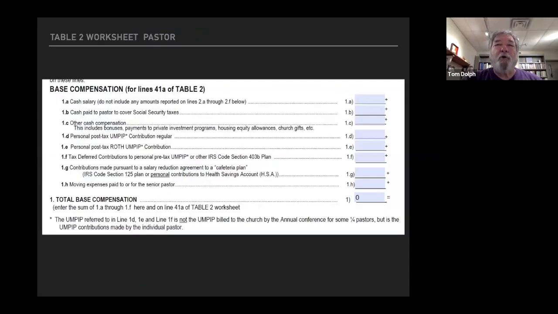If your pastor moved this year and you paid moving expenses for them, that does need to be included there, and it's an addition and has to be included in their compensation. That is both an IRS rule, and it also affects their pension amount. So make sure that you include any moving expenses on that line.